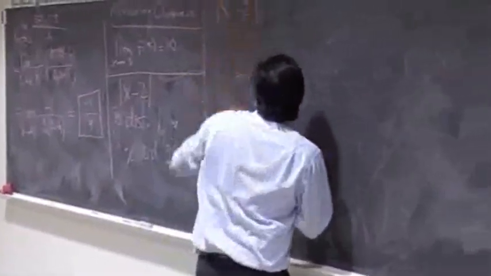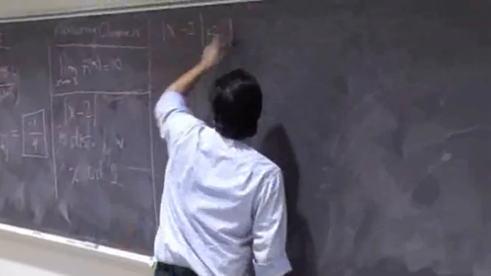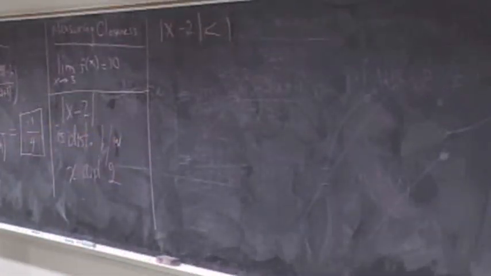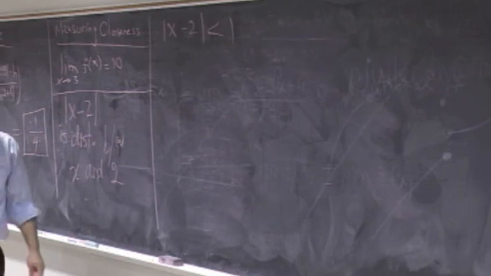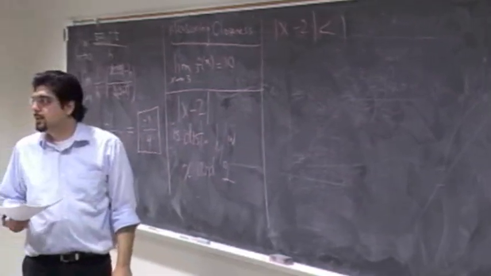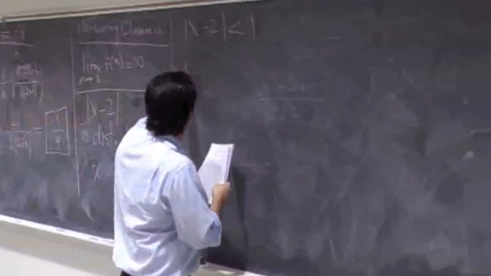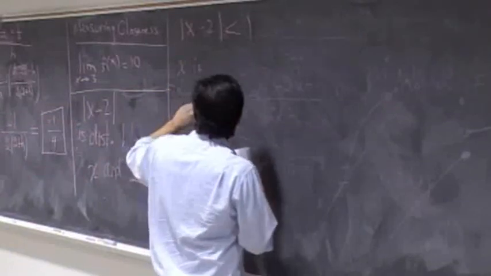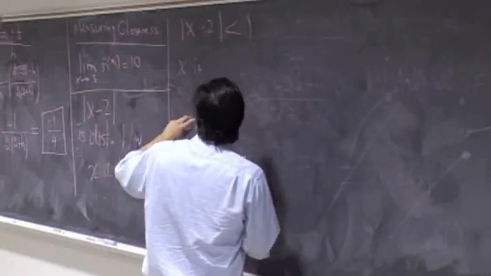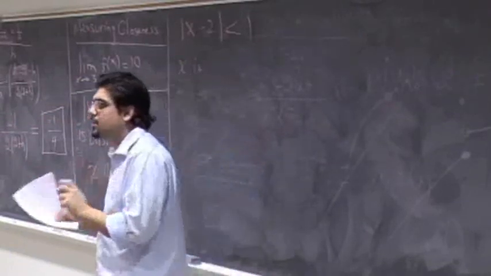Now, if I say that's the distance from x to 2, and I say the absolute value of x minus 2 is less than 1, then what is the translation of that in words? Right, no, the meaning of it. I don't want an algebraic statement.